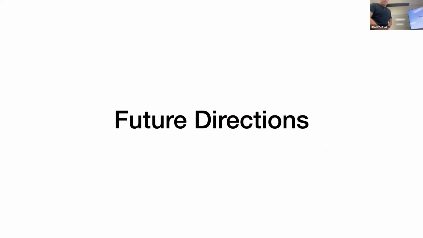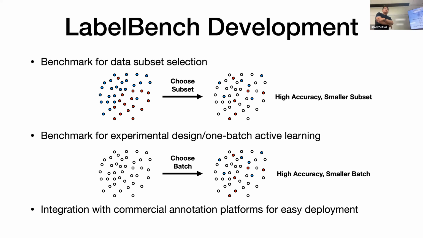So those are the insights. Very quickly, I will go through what we have been thinking about in further developing LabelBench, and also the sequence-to-sequence models that several of you have been hinting at. LabelBench can be used for more than active learning and semi-supervised learning.